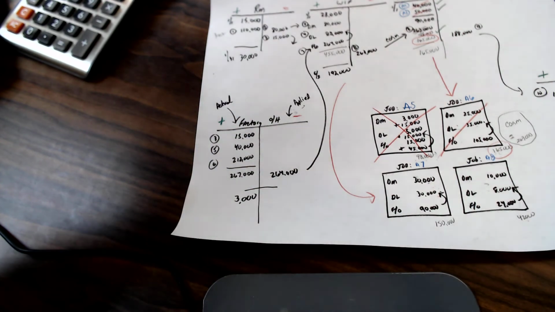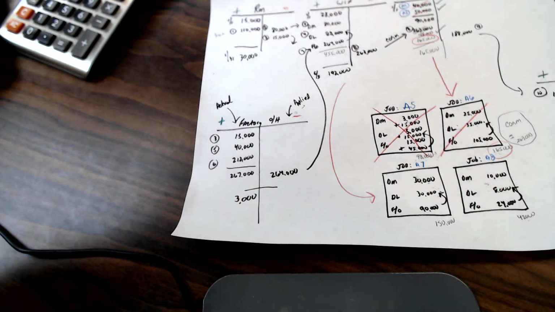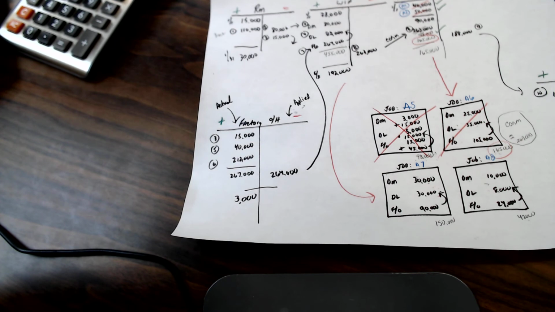So that's an example showing all 10 entries that chapter 15 has talked about.